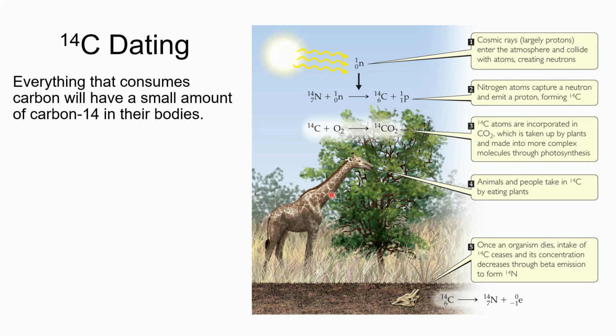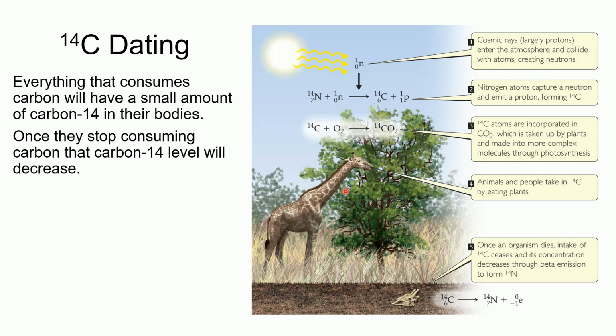Of course, animals eat plants, and other animals eat other animals. And since the lifetimes of these plants and animals usually is much smaller than that 5,000 years, all living organisms are going to have a pretty constant amount of carbon-14 in them. So we'll find that everything that consumes carbon, which is anything that's living, is going to have a small amount of carbon-14 in their bodies.